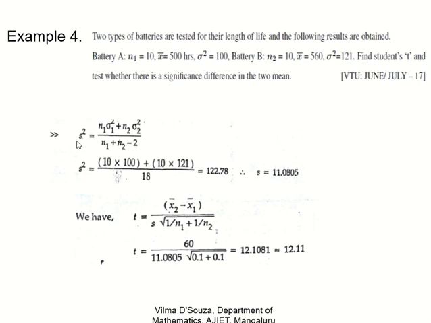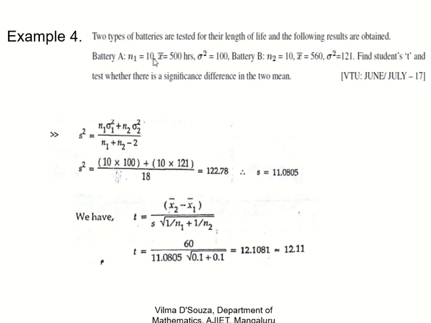Note down the formula. s square is equal to n1 sigma 1 square plus n2 sigma 2 square divided by n1 plus n2 minus 2. So s square is equal to n1 into sigma 1 square, that is 10 into 100, plus n2 sigma 2 square, again 10 into 121, divided by 10 plus 10 minus 2.